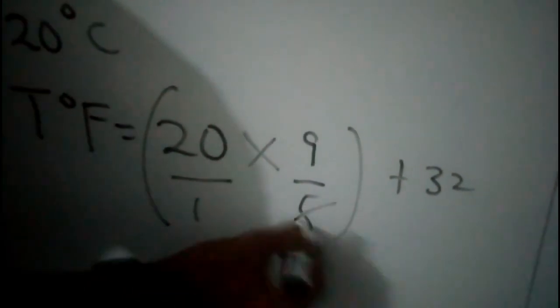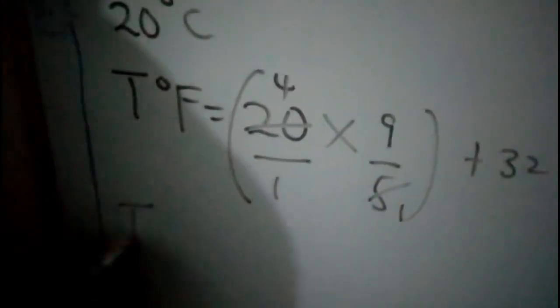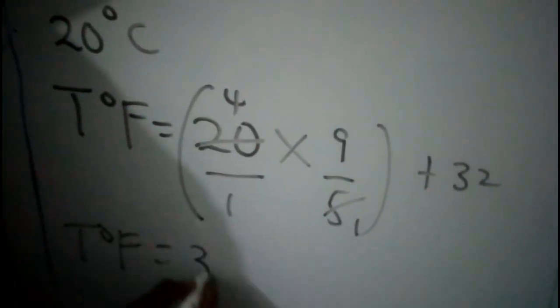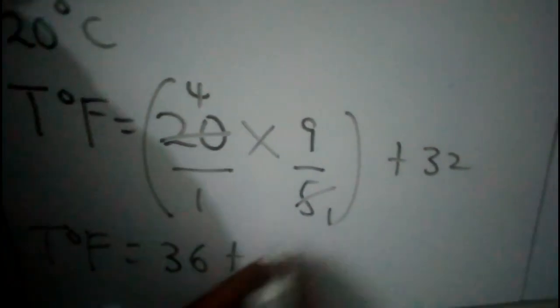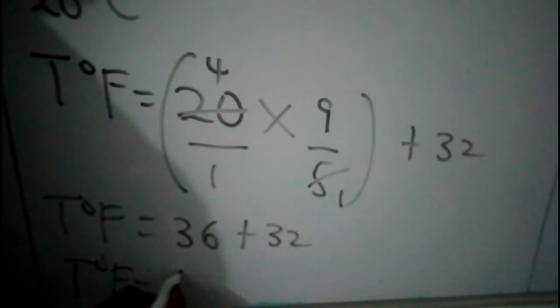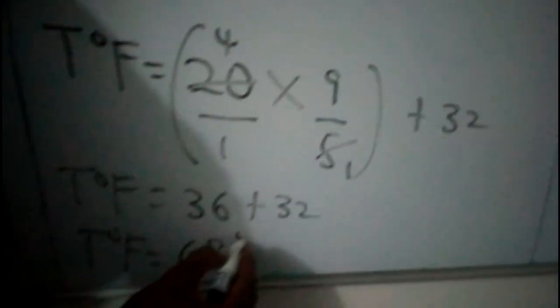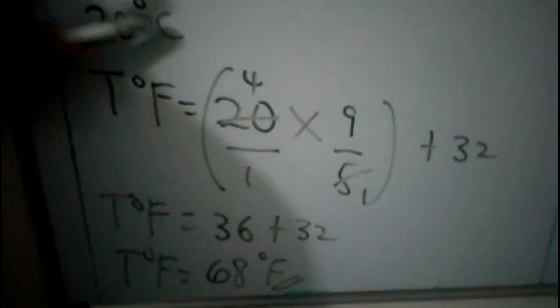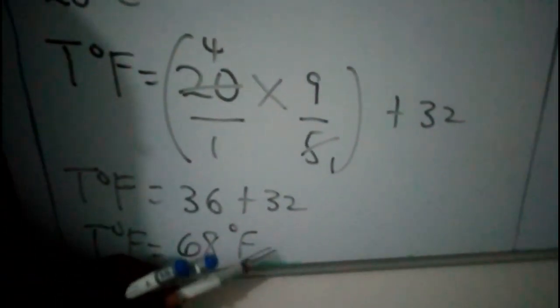You divide out 5 here, 1, 5 here, 4. 4 times 9 gives you 36, plus the 32 outside. So the answer becomes 68 degree Fahrenheit. So in other words, 20 degrees Celsius in Fahrenheit scales becomes 68 degree Fahrenheit.